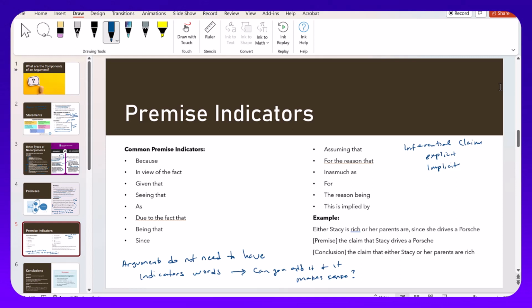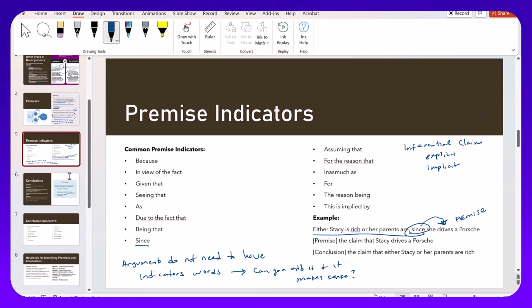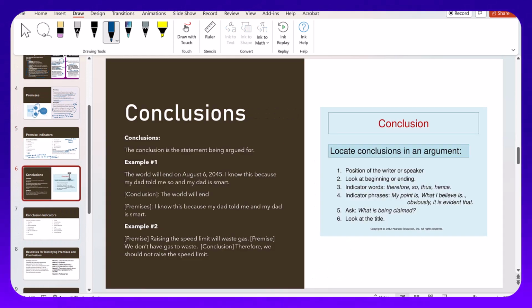If you look at the indicator word, there we go, since, that also then tells you, since it's here, there's the premise. This is the conclusion, right? So by finding the indicator words, it can help you determine not only if it is an argument, but actually where the premise versus conclusion is.